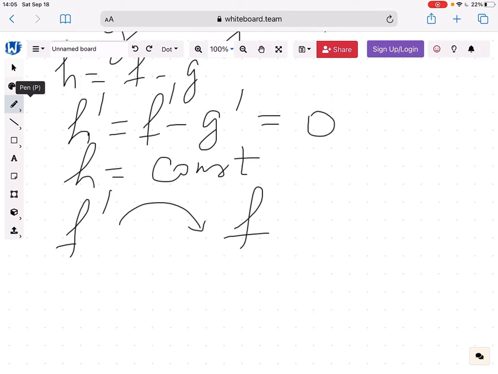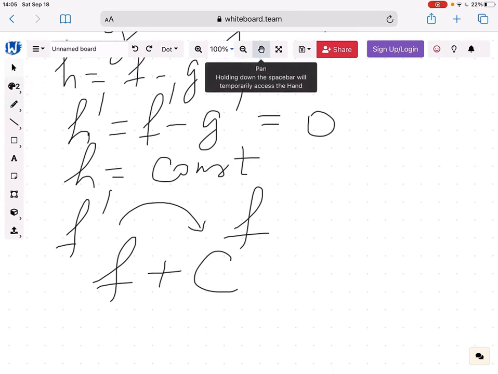And then you simply say that all the functions that can produce that derivative f prime are represented by that function f plus an arbitrary constant. And that's it. There are no other functions that could produce that derivative.